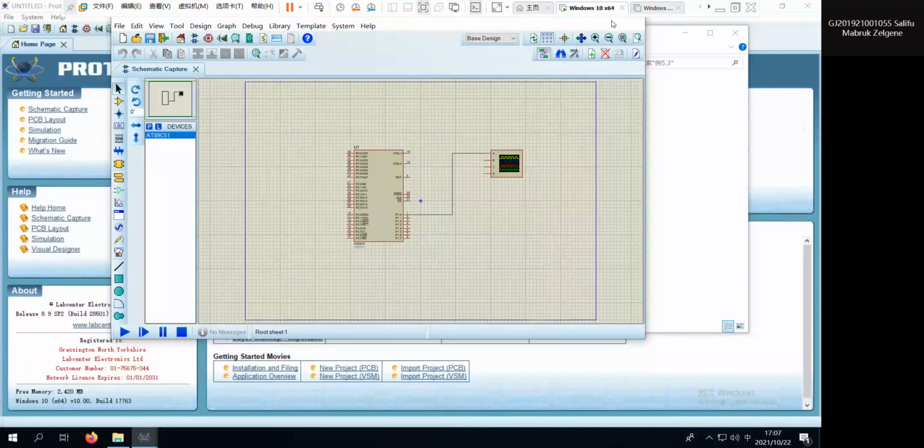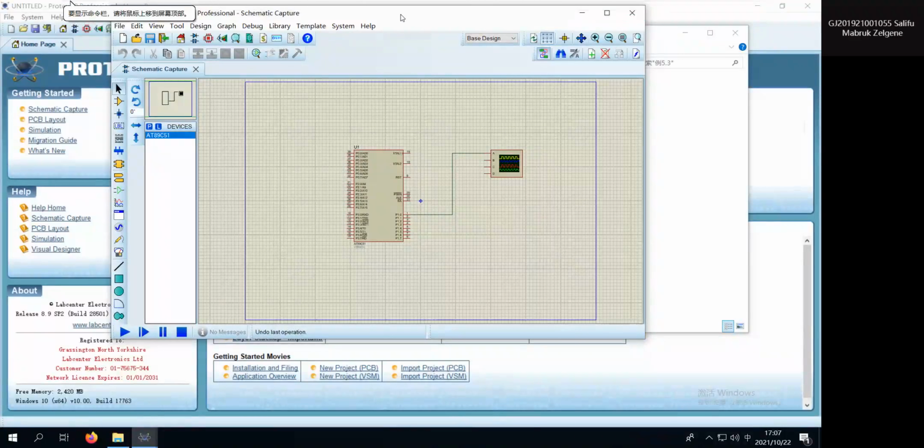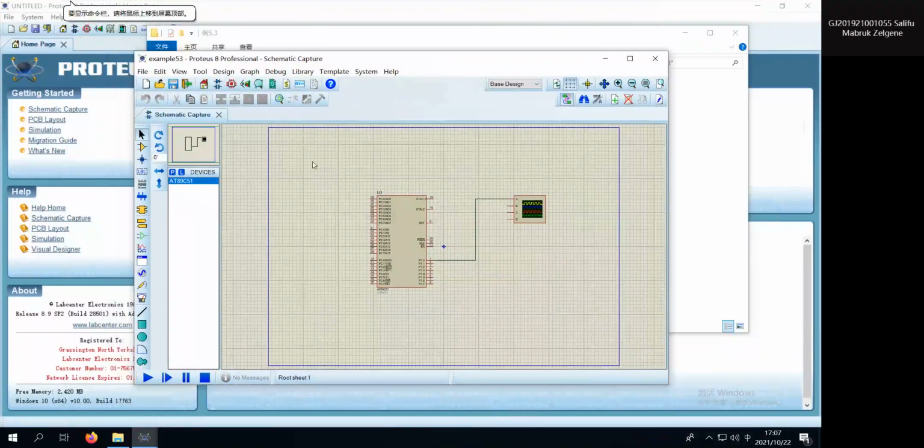Yes. This is software, Proteus 8 Professional. Laoshi, is it free? Oh no, not free.